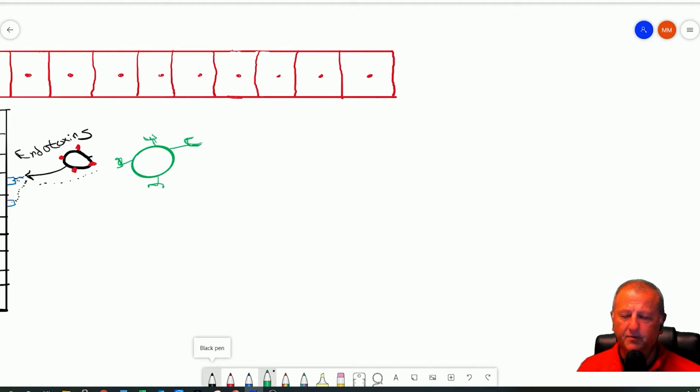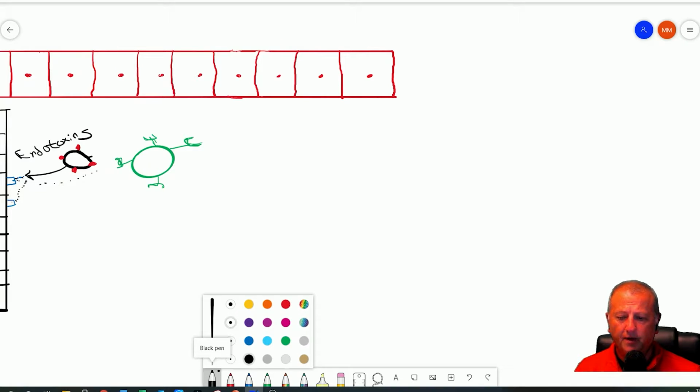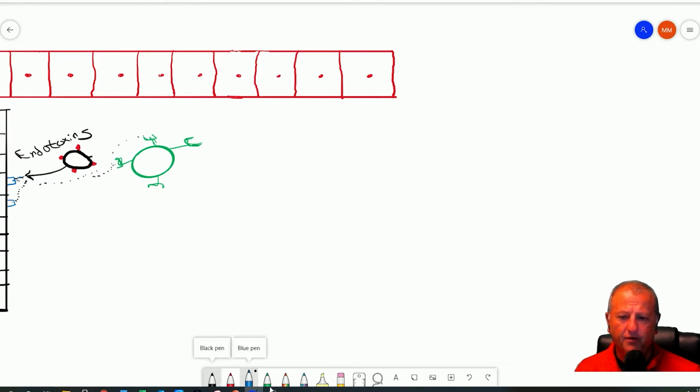That's pretty much, with this pen, the best I can draw it. And so these endotoxins are going to be received by the mast cell, and it's going to produce a host of things. All right, let's see here.